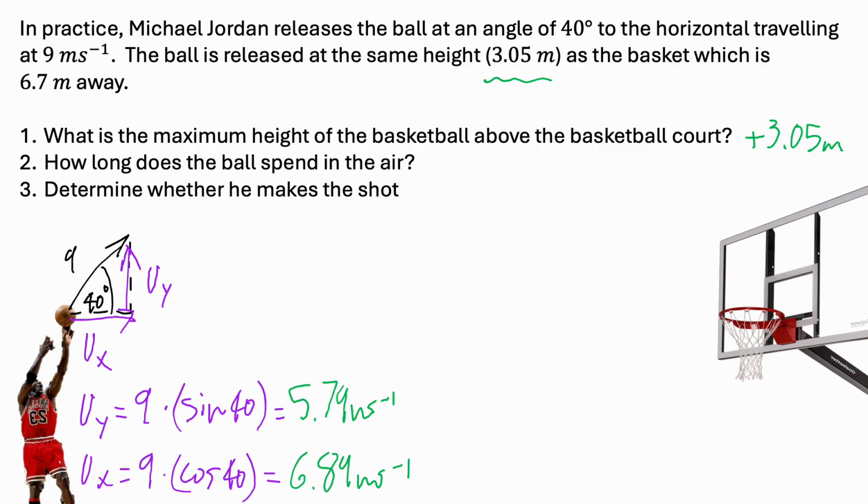Let's have a look at our vertical data, because that's going to determine what we do next. We're looking for the vertical height of the shot above 3.5 meters, so that's the question.